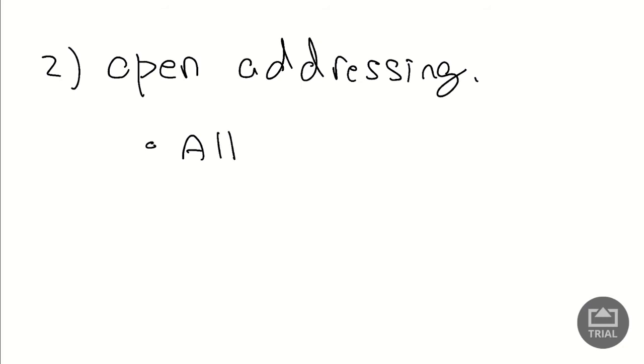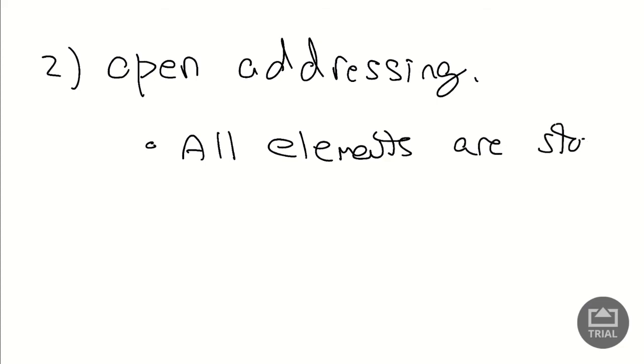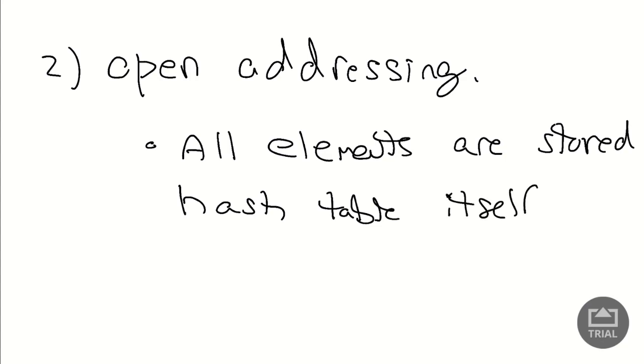Okay? So unlike closed addressing, all the elements are actually stored in the hash table. So we're not going to make any linked lists or any AVL trees. It's all going to be in the array, basically. And you should be using an array because you want that memory access time.